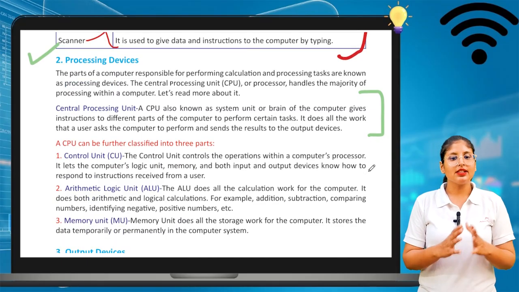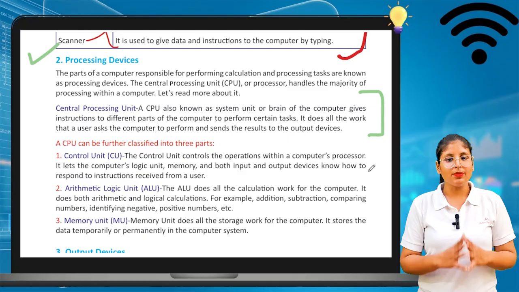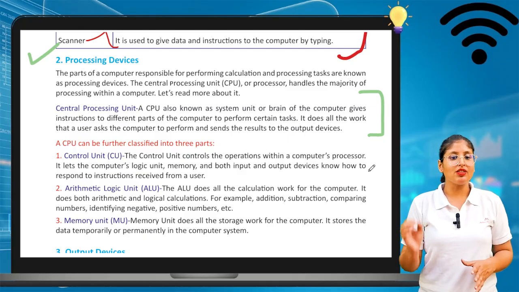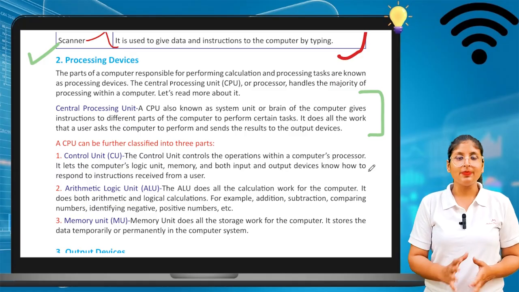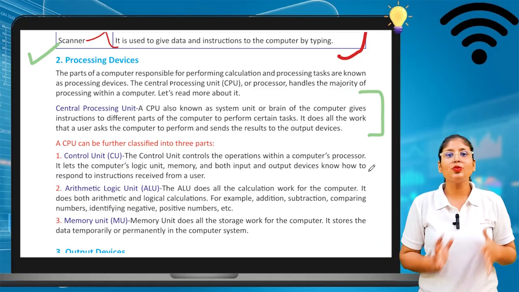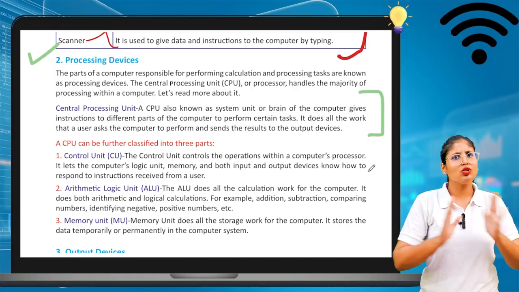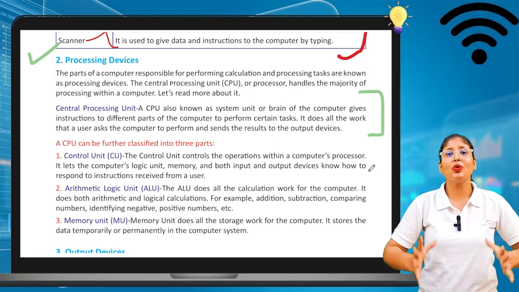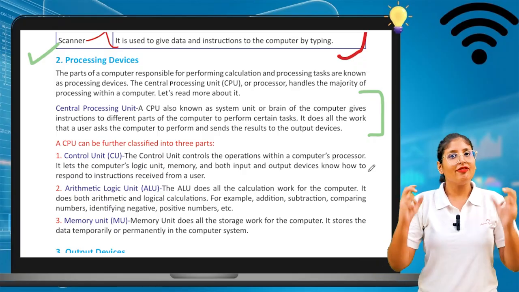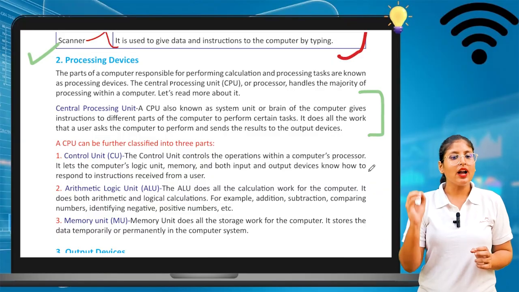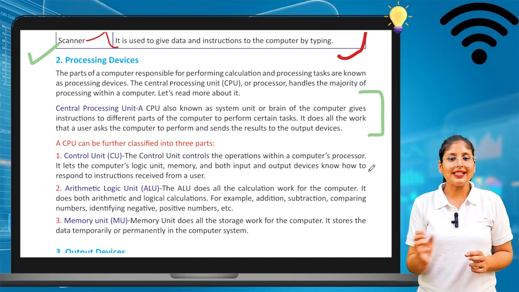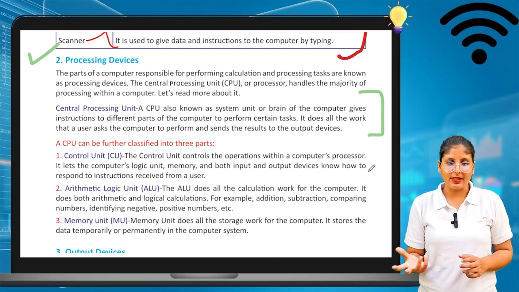A CPU is known as a system unit or the brain of a computer, giving instructions to different parts of a computer to perform certain tasks. It gives instructions to each part of the computer, like you have to do this, you have to do this, because the CPU is known as the brain of a computer. Very powerful, it does all the work that a user asks the computer to perform and sends the result to the output devices.